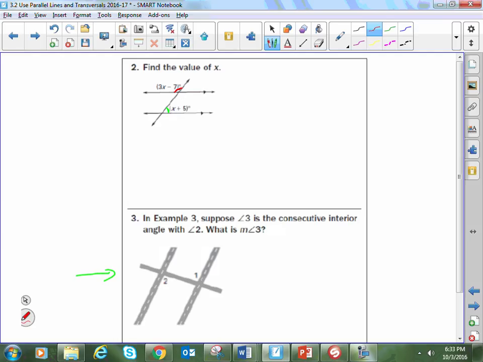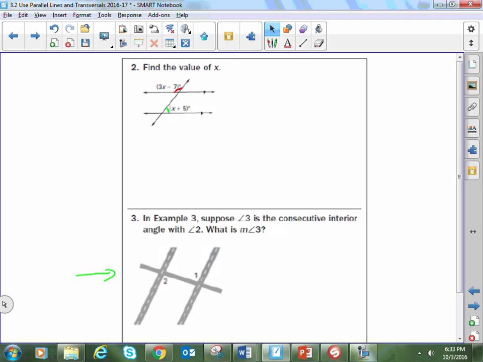Well, the green angle is in the interior region of my parallel lines, and the red angle is in the exterior region of my parallel lines. So they do not form any special angle pair at all. They are not alternate interior, they are not alternate exterior, they are not same side interior, they are nothing to each other.